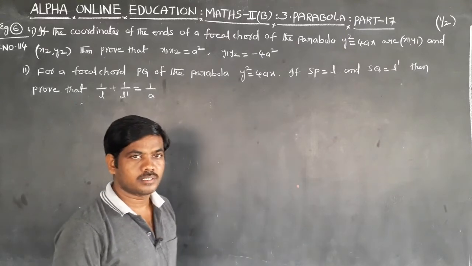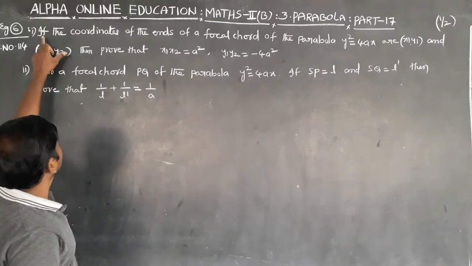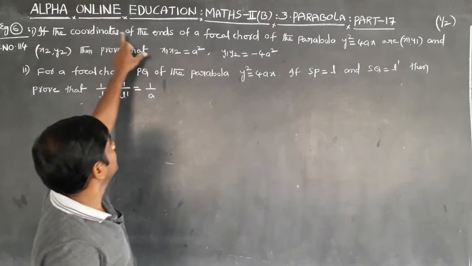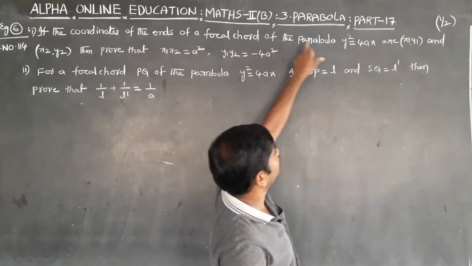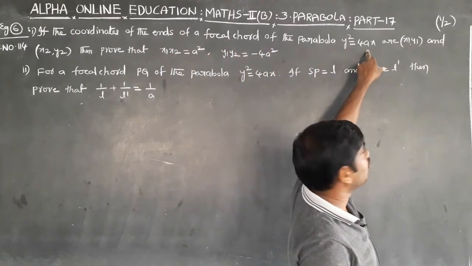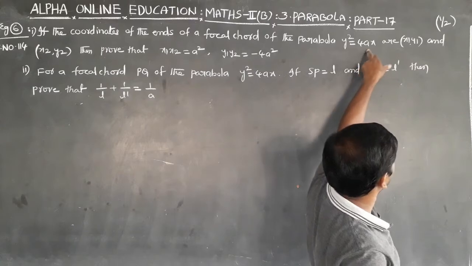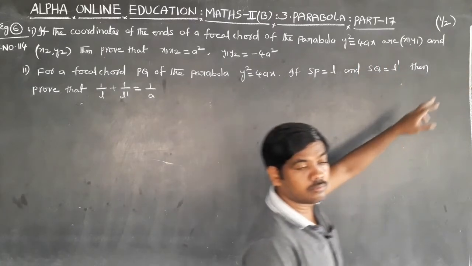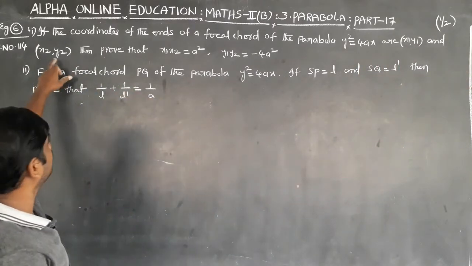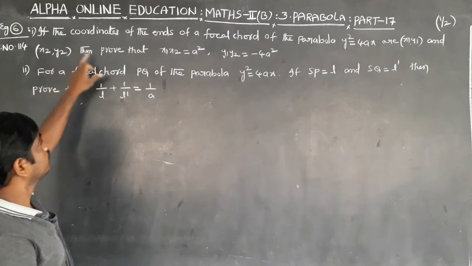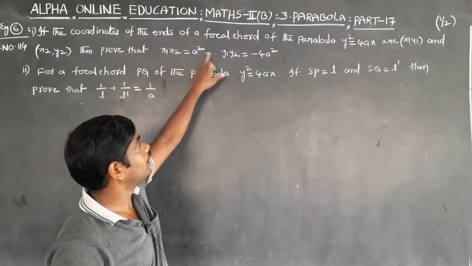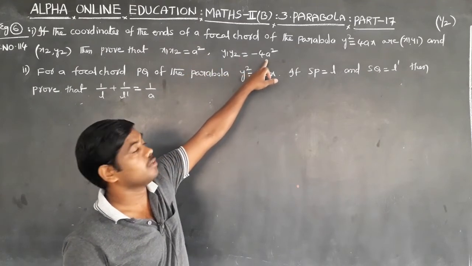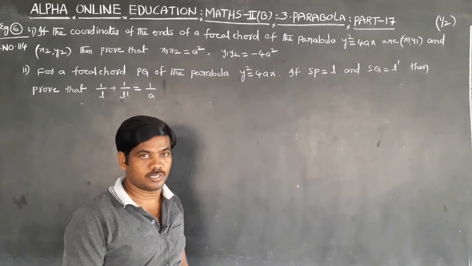Example number 6: If the coordinates of the ends of a focal chord of the parabola y² = 4ax are (x1, y1) and (x2, y2), then prove that x1 x2 = a², y1 y2 = -4a².